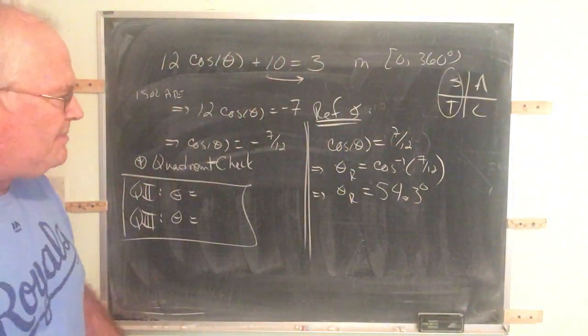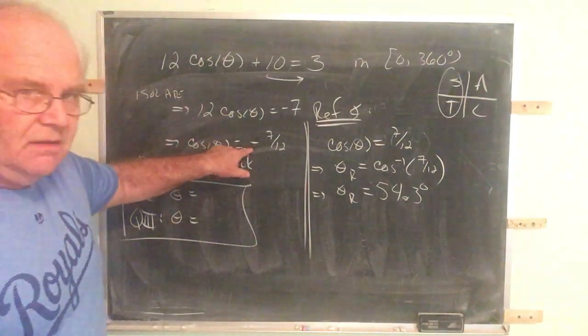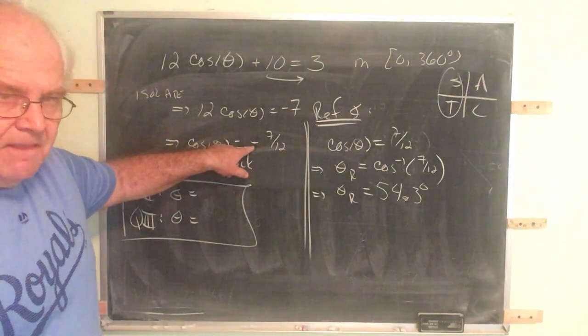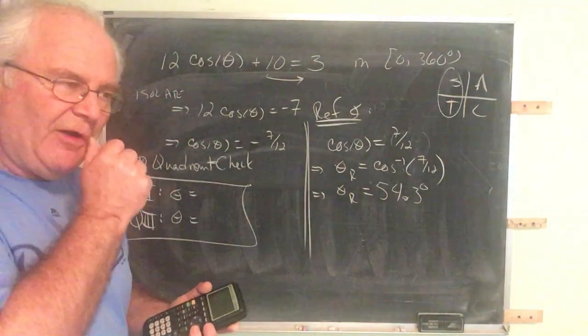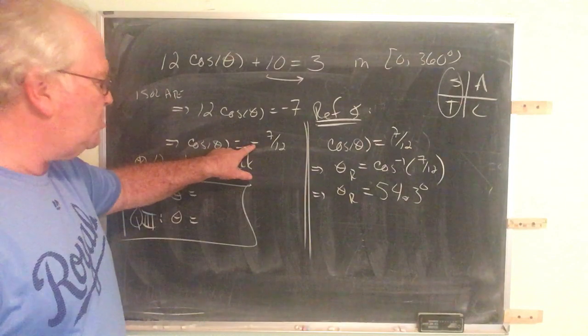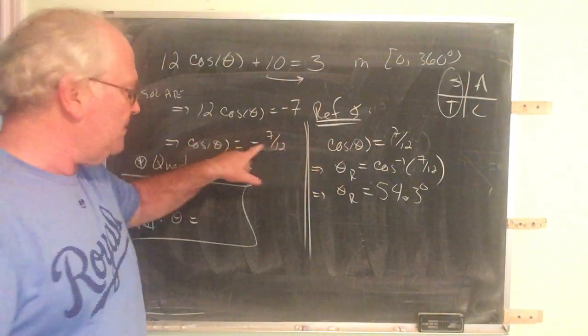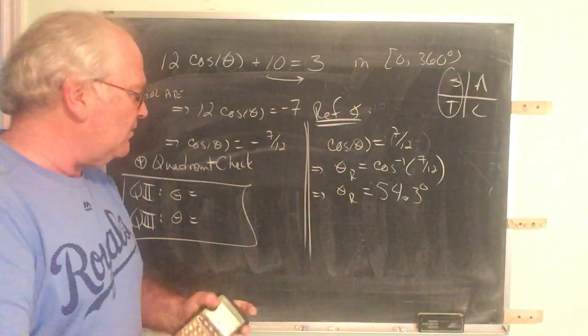Let me show you what happens if you don't omit this negative sign. This is the error that can occur. And this is why you should ignore the negative sign when you find the reference angle.